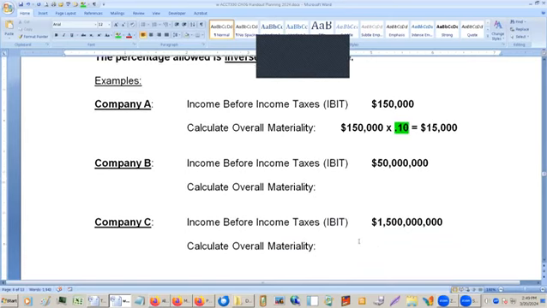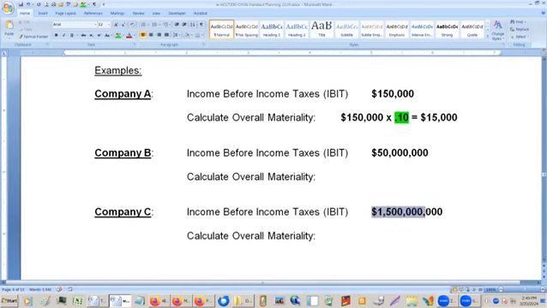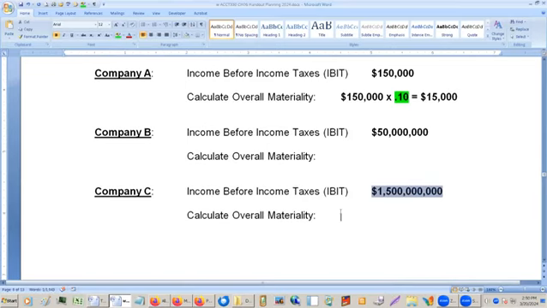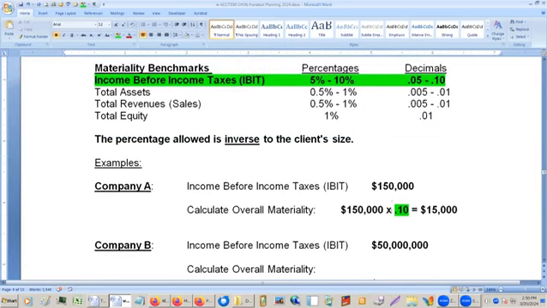Okay, let's take the other extreme. Let's go to company C. Company C, we have income before taxes of 1.5 billion. Are we going to use 5% or 10% for them most likely? I guess 5%.